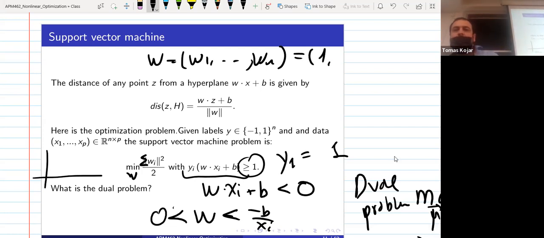W could be 1, 1, 1, 1, 1, and then another choice could be 1 with all zeros. The norm went down, but this is the total. The point is that it changes the plane. You have to figure out that it changes the plane.